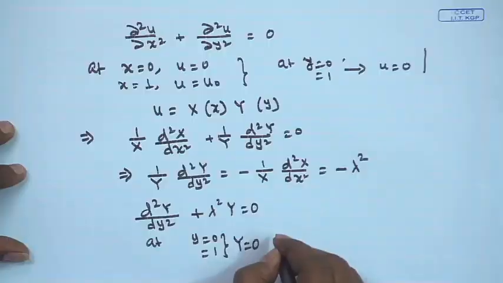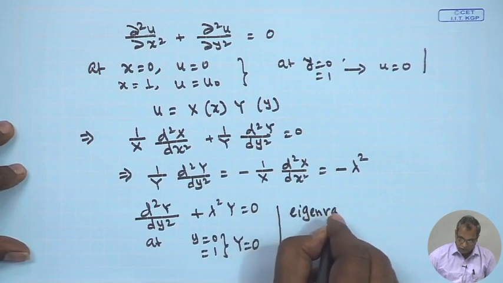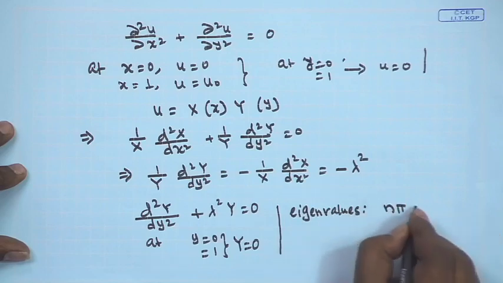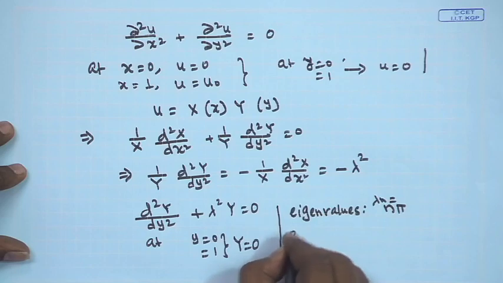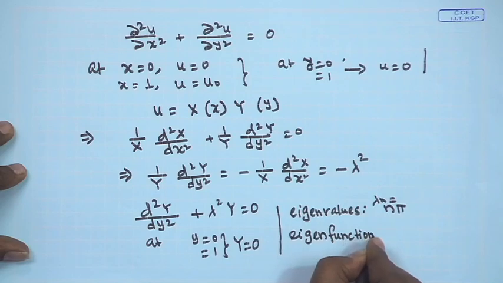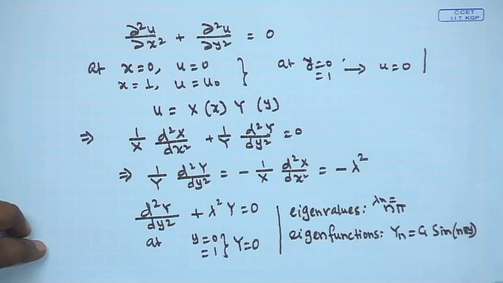We know the solution of this problem: the eigenvalues are λn = nπ and the eigenfunctions are Yn = C1 sin nπy.